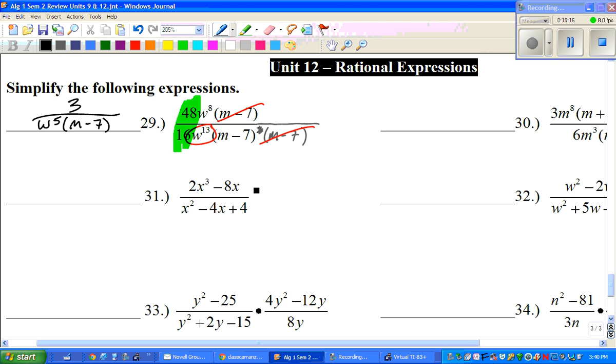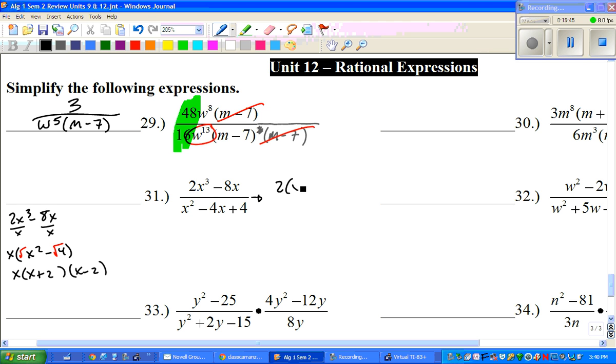Now, my 2x cubed minus 8x. I can factor out an x, and then I'm left with x squared minus 4. Now, I've been paying attention in class, so I know that we can factor that. That's the difference of two squares, and it's plus 2 and minus 2. Okay?